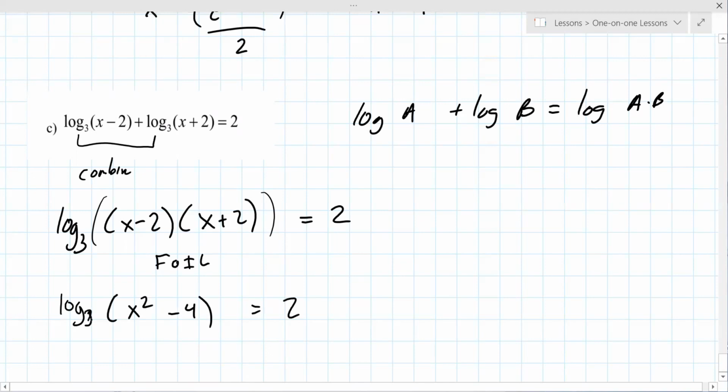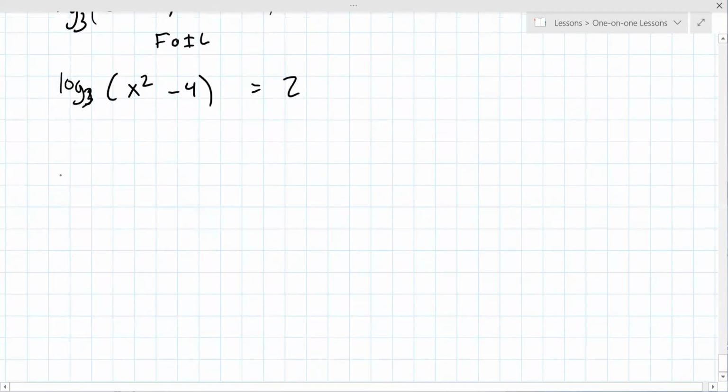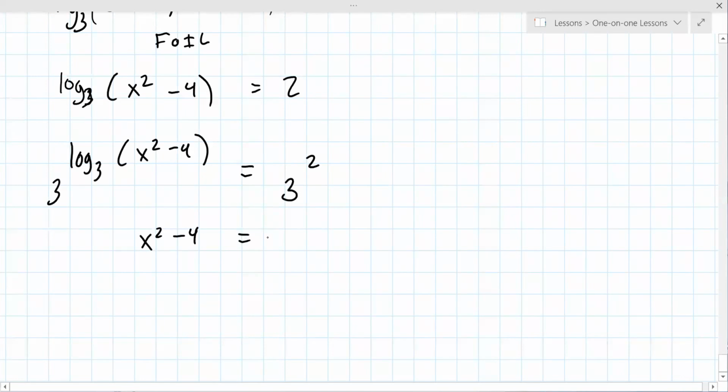To undo the log base 3, you have to use a base of 3. So it's 3 to the log base 3 of x squared minus 4 equals 3 to the power of 2. 3 to the log base 3 undoes it. It's x squared minus 4 equals 9. Add 4 to both sides. x squared equals 13. x equals plus or minus the square root of 13. So you have to check these because sometimes they're extraneous.